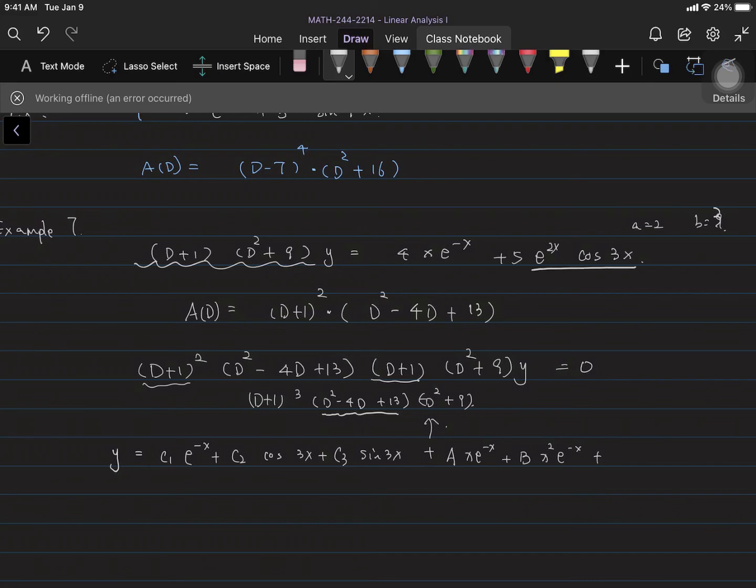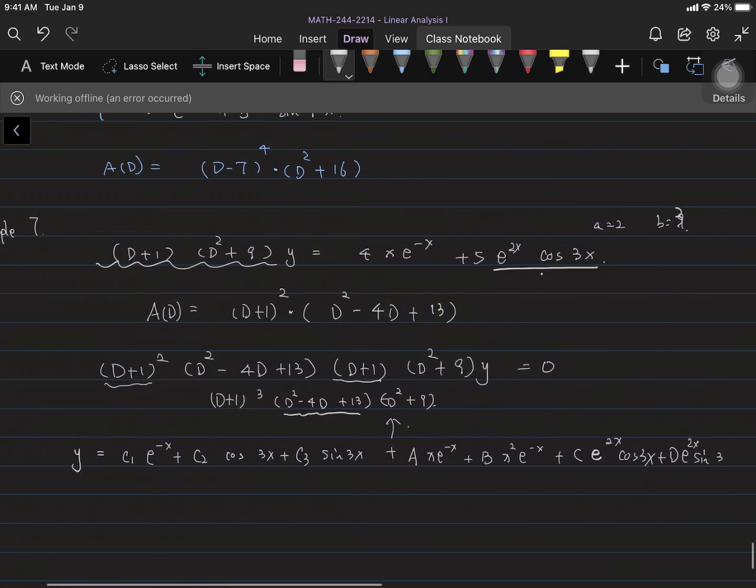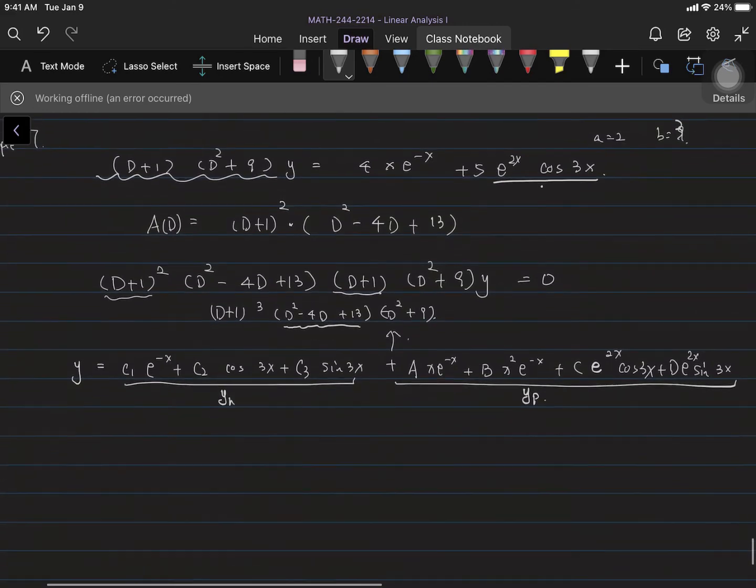So we know we should have that kind of form: e to the 2x cosine 3x, so you can do c, d, sine 3x. Okay, and what's the particular solution? Because this is YH, the particular solution is going to be those four terms, YP.